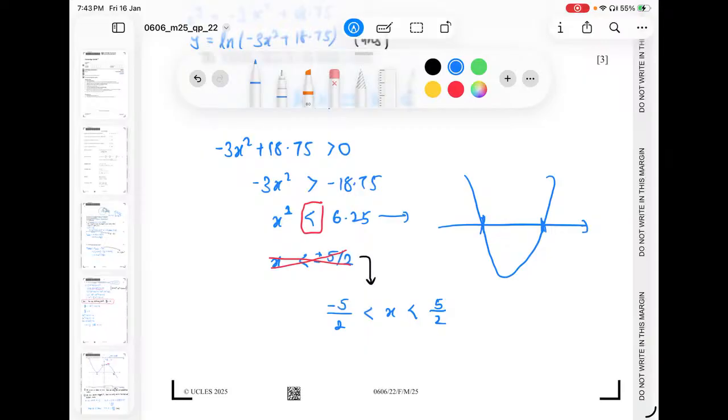That's negative 5 by 2 and 5 by 2, and since it's below this, this is your shaded region, and you need to write the inequality as x is between negative 5 by 2 and 5 by 2. Hope you understood that. Just a mistake over here, you should not write x is less than plus minus 5 by 2. So this is your final answer over here.